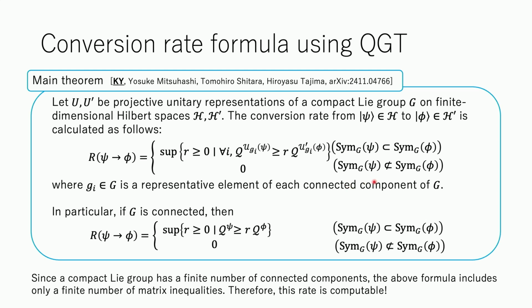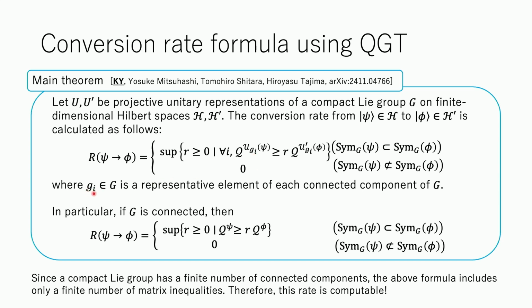As I mentioned, if the inclusion relation between the symmetry subgroups does not hold, the conversion rate becomes 0. But if the inclusion relation is satisfied, then the quantum geometric tensor determines the conversion rate.